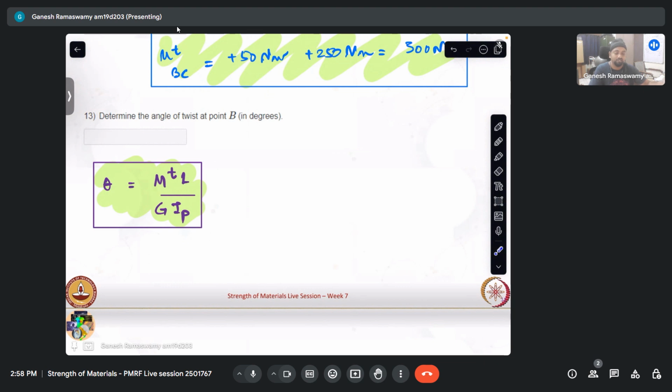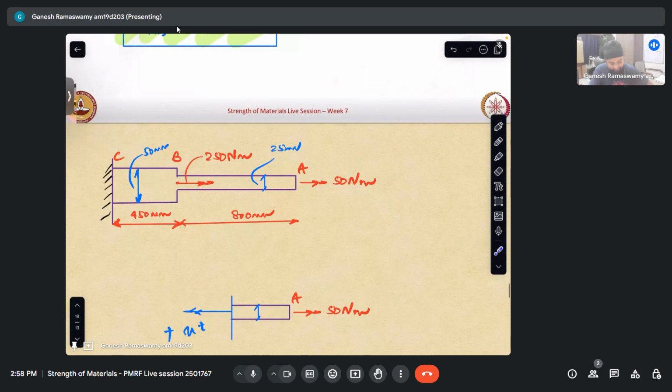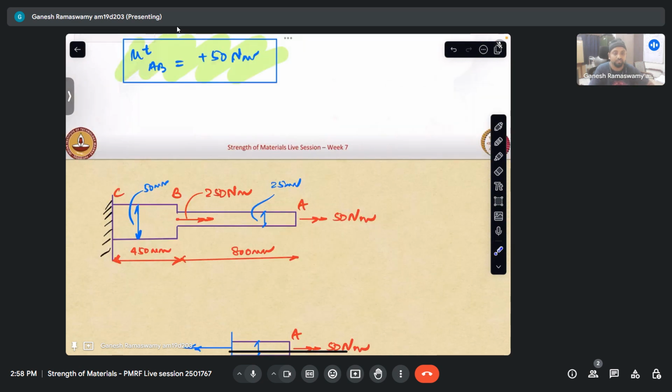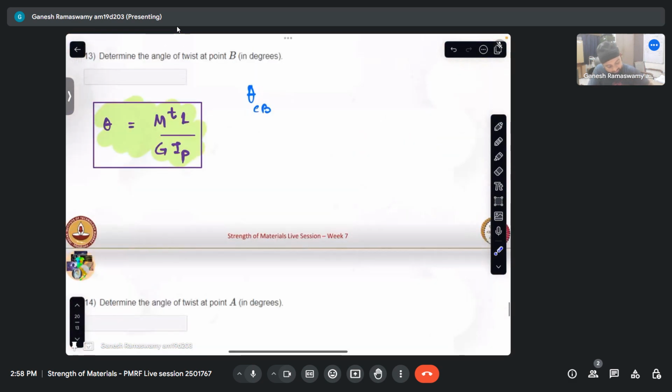So therefore, for theta B, I take it to be theta CB. Between C and B, if I consider the section, theta at C is 0, it is fixed. Theta at B will have some twist. So that is what is to be found, and it will be equal to MT in section CB into L of CB by G of CB IP of CB.